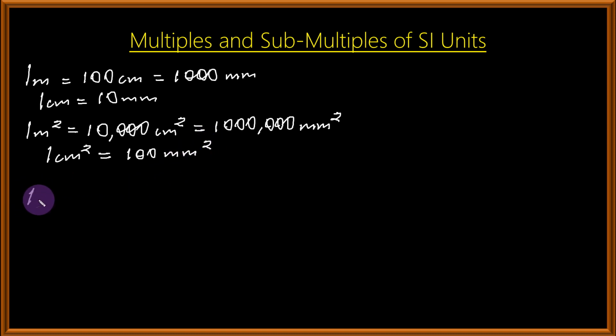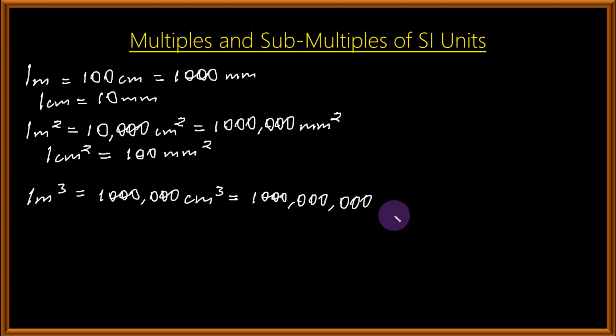When it comes to volume, 1 meter cubed is equal to 1 million centimeters cubed, and the same 1 meter cubed is equal to 1 billion millimeters cubed. Using the same idea, we can show that 1 centimeter cubed is equal to 1000 millimeters cubed.